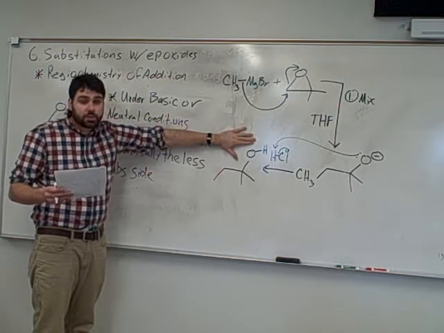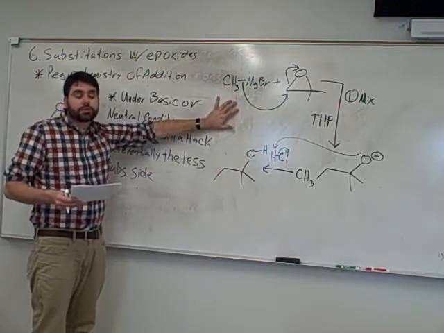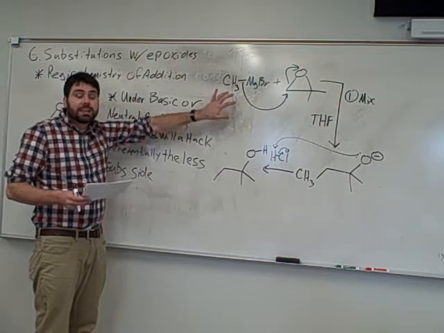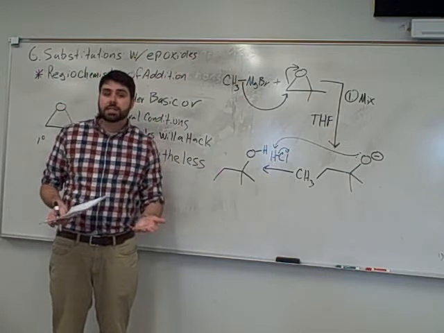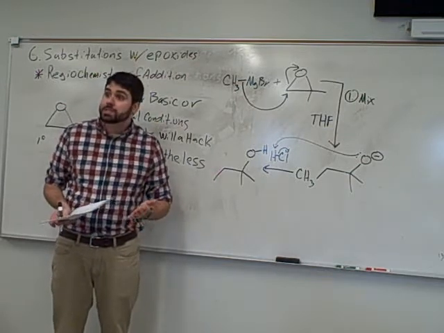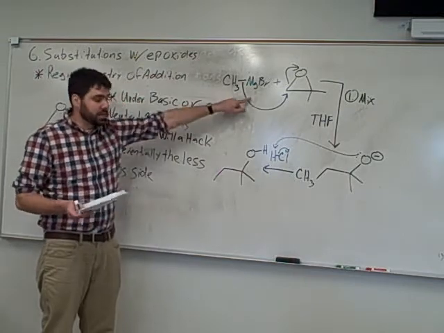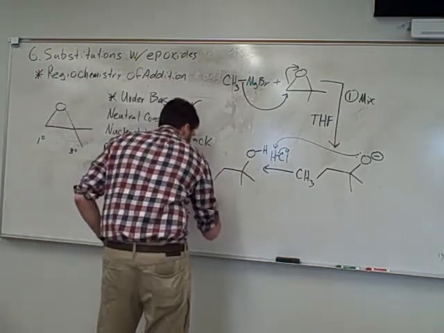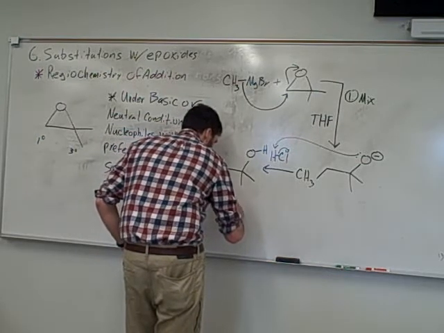An important thing to remember is that when dealing with SN2 type alkylations of epoxides, this is truly an SN2 type reaction. Because of this, we need to be cognizant of the fact that these reactions will occur with stereochemical inversion if they occur at a chiral center. Let's remind ourselves of that in our notes.